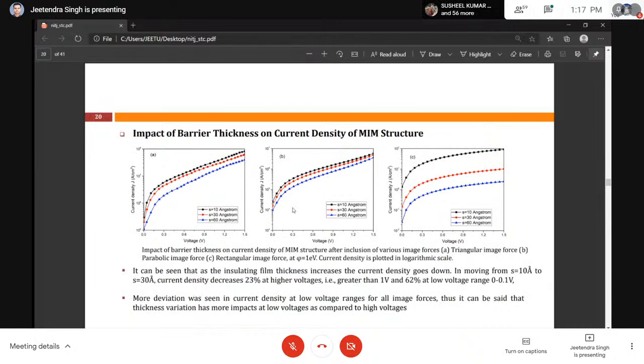These graphs basically show the impact of the silicon insulating layer thickness. This is for the triangular image potential, this is for the parabolic image potential, and this is for the rectangular potential.